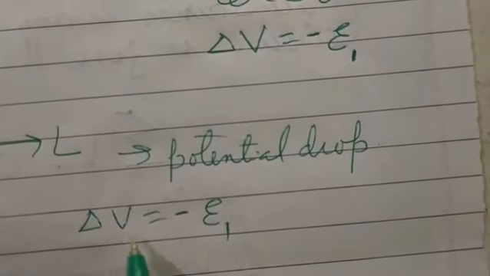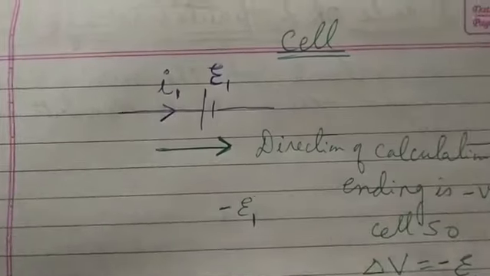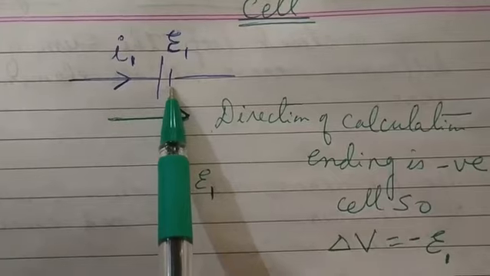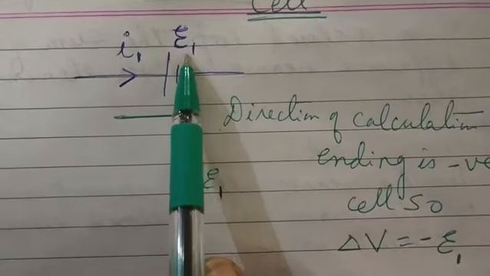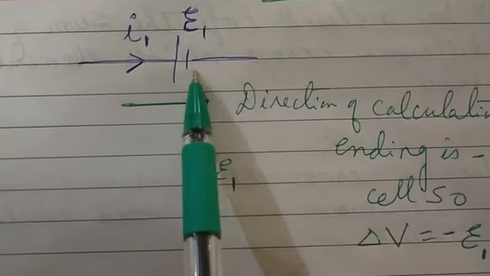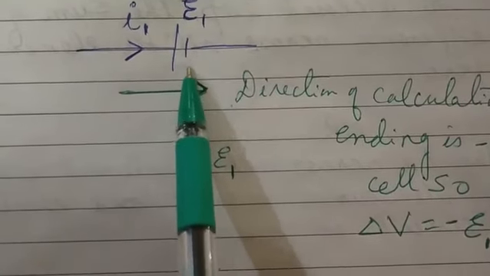So delta V is equal to minus E1. This is the direction of calculation. The ending point is minus, so we take minus E1. If it is 40 volt, minus 40 volt.